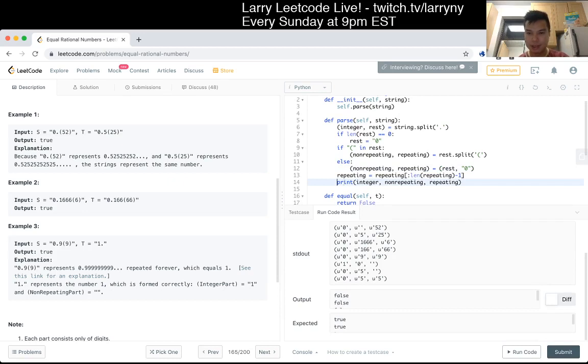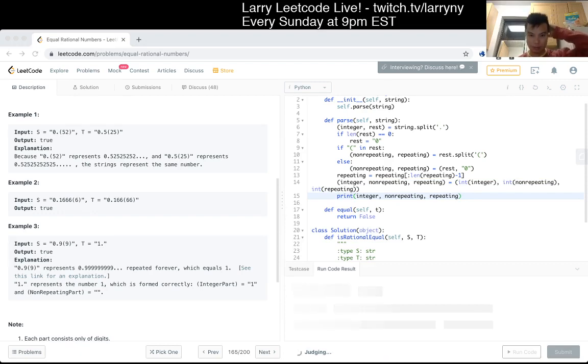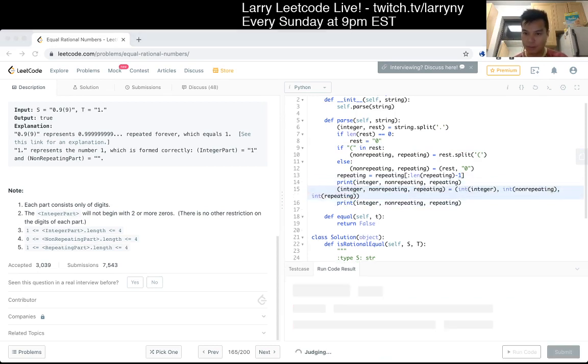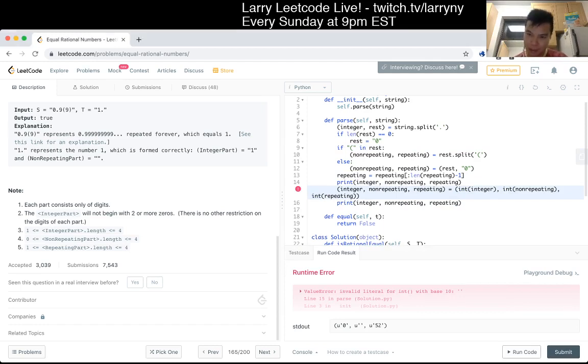Okay, let's make not strings. Okay, so that's the non-repeating part.